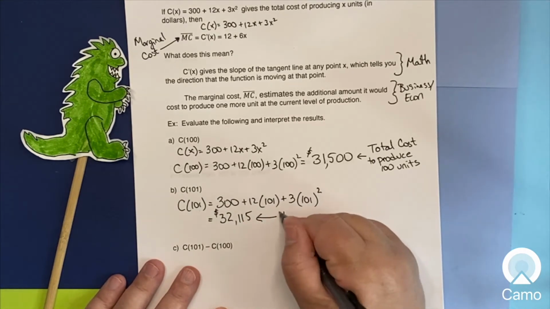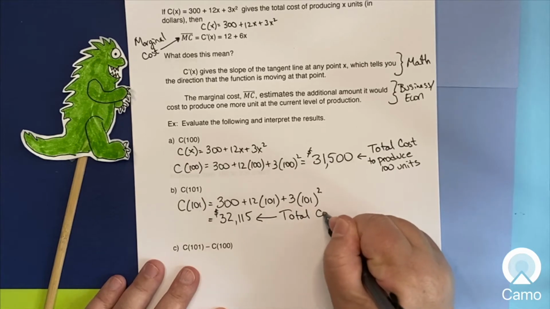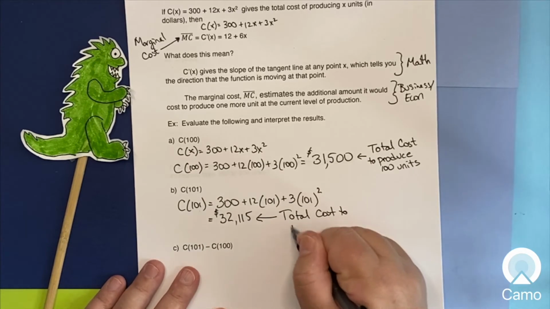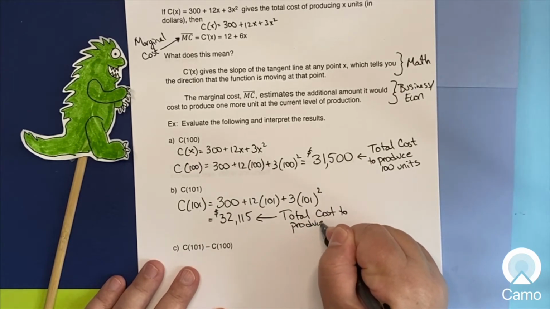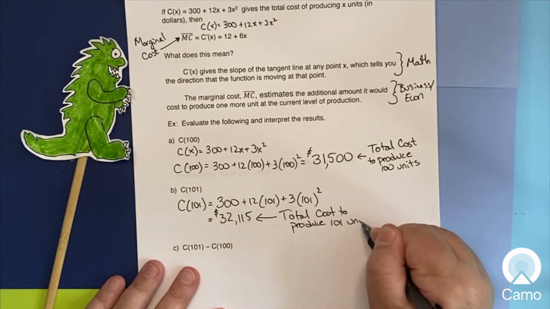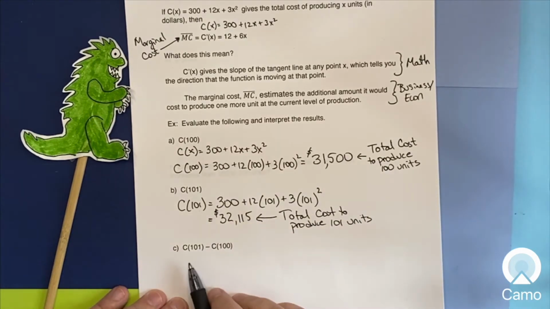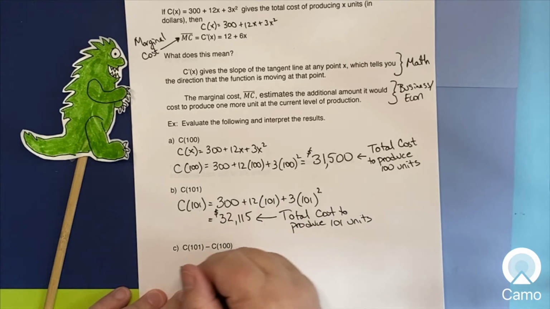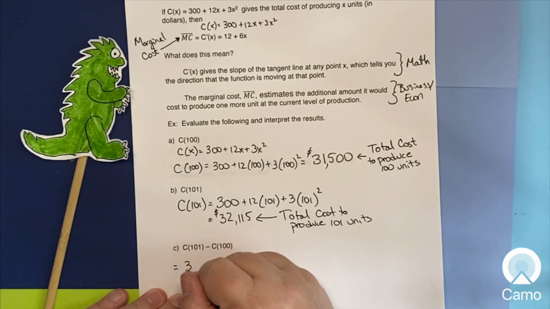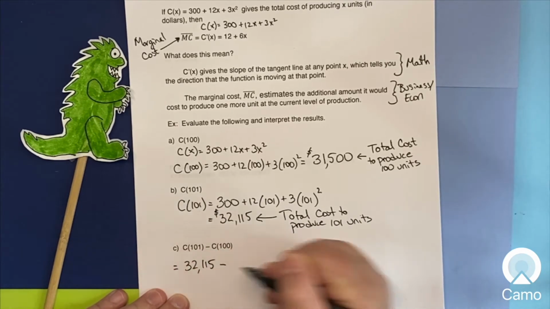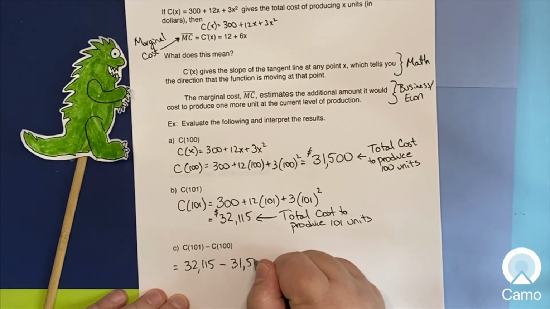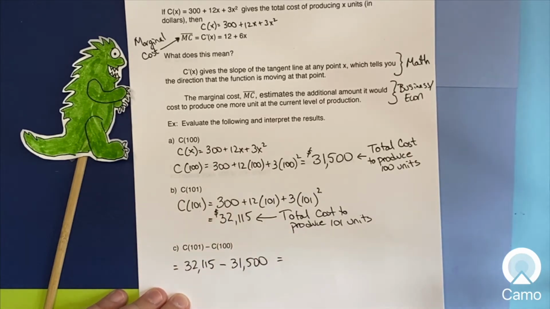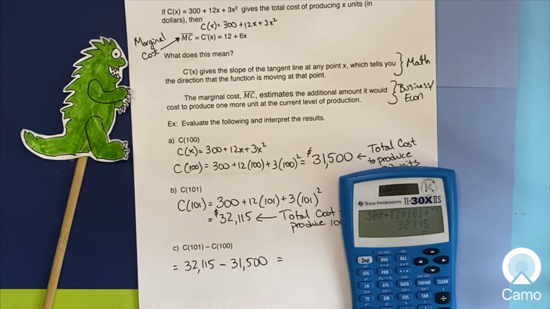Now it asks us to take the difference between these two. So this will be 32,115 minus 31,500, which I'm going to say is like 615, but I never trust myself. So minus 31,500 gives me 615. So what the heck does this represent?